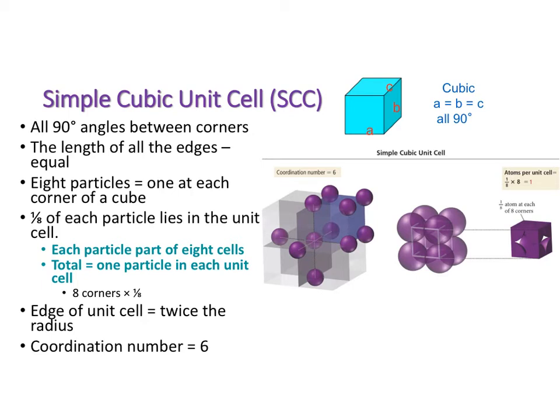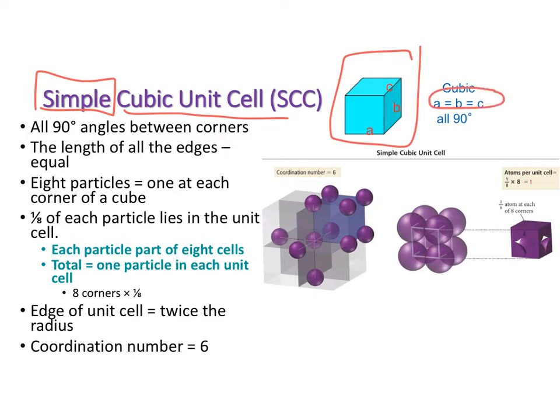There are 3 types of unit cells we're going to talk about. They are all cubic. The first of the 3 is a simple cubic unit cell. All of these unit cells we can think of as little cubes, which have a length, width, and height that are all equal to each other.